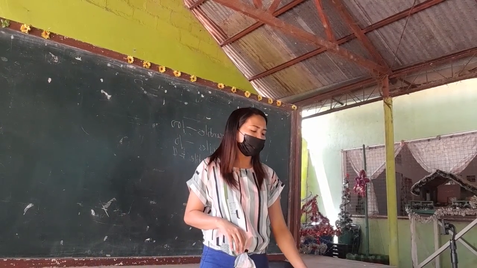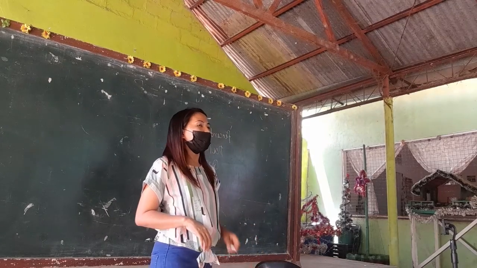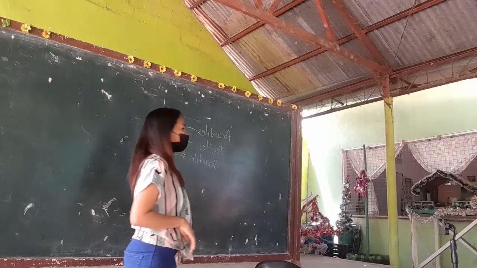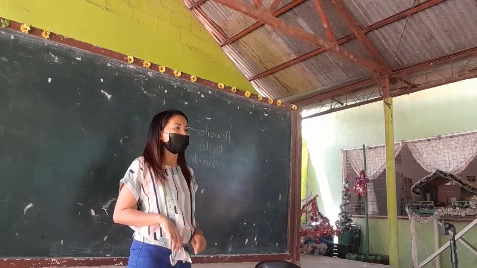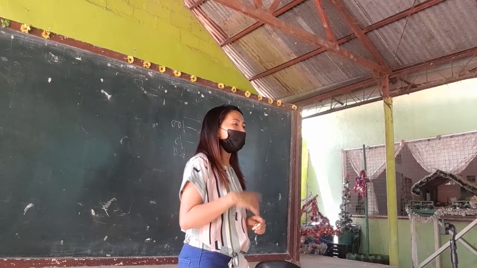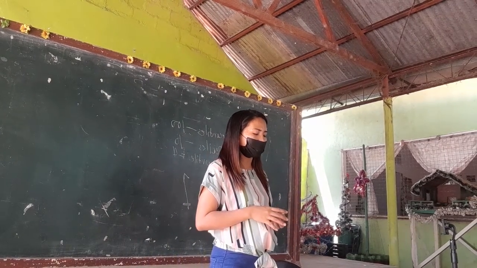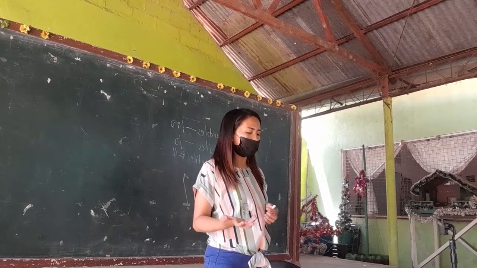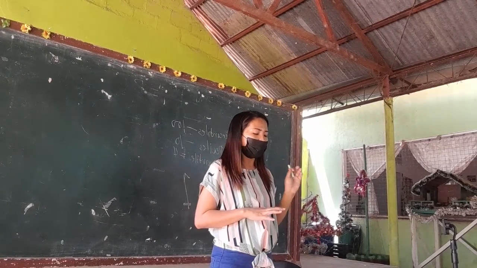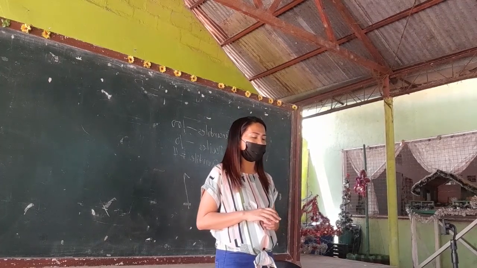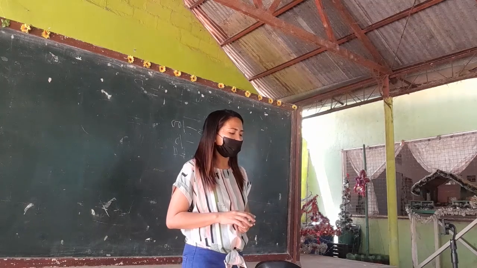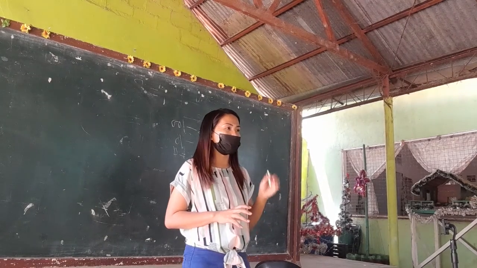Now, how do we solve for a percentile? First, arrange the data from the smallest to the largest value, or ascending, represented by S sub 1, S sub 2, up to S sub n, where n is the number of values in the data set. Second, find the position of the percentile starting from the smallest value.